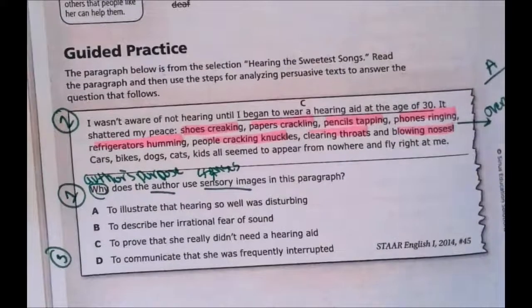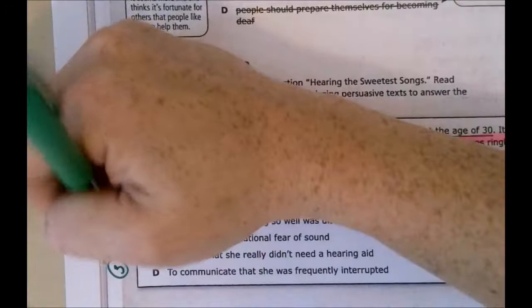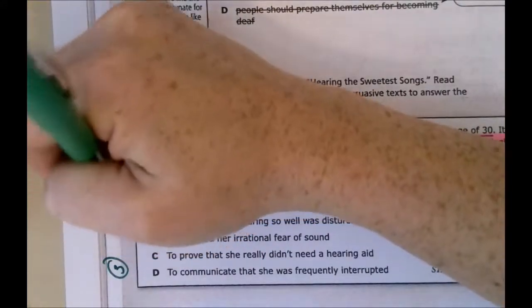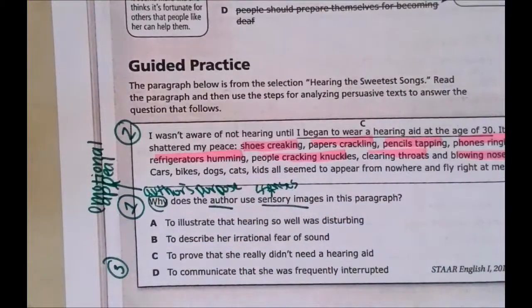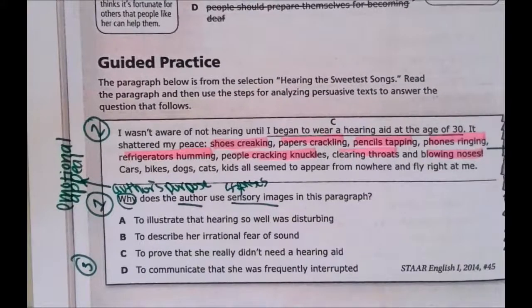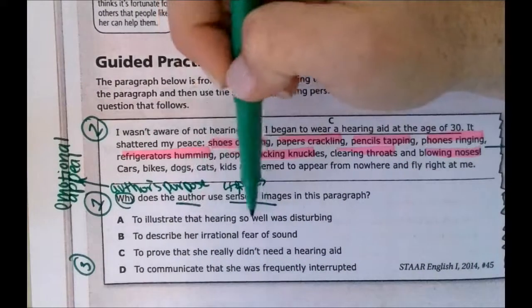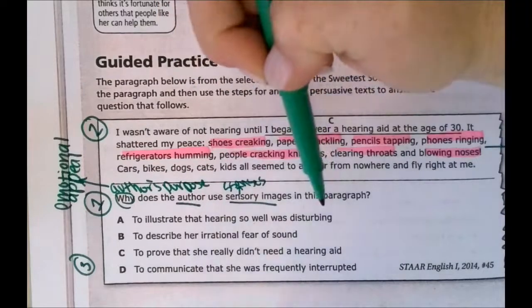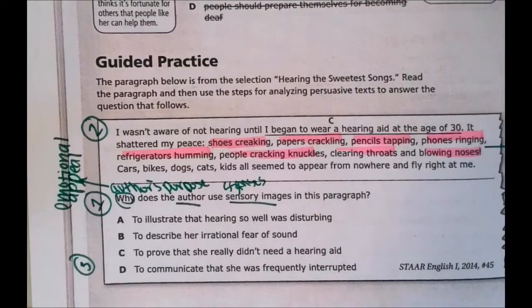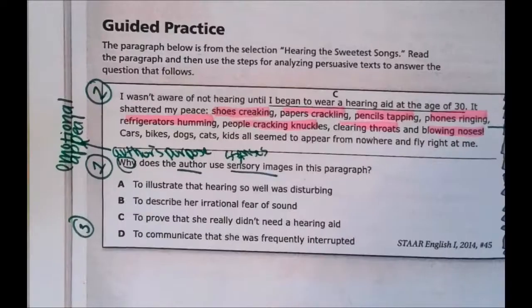So I definitely think that the author's purpose has to do with an emotional appeal. All right? Okay. So, to illustrate that hearing so well was disturbing. Maybe. Disturbing is maybe a little similar to the idea of overwhelmed that I had here in my association. So I'm going to keep that one open and then I'm going to look at the next ones.